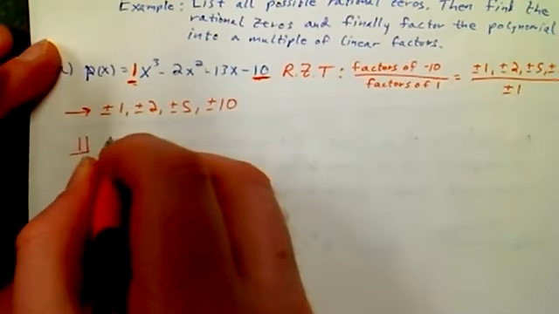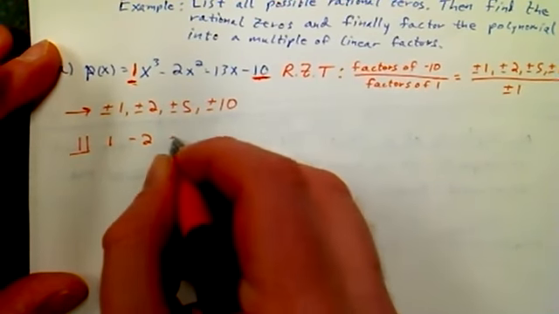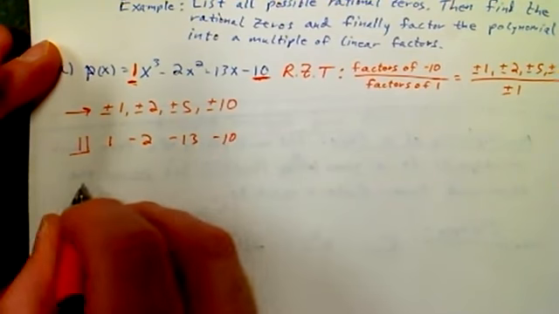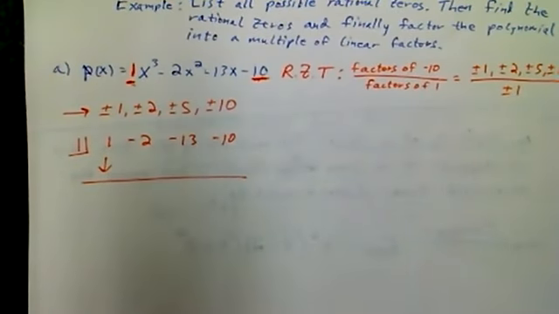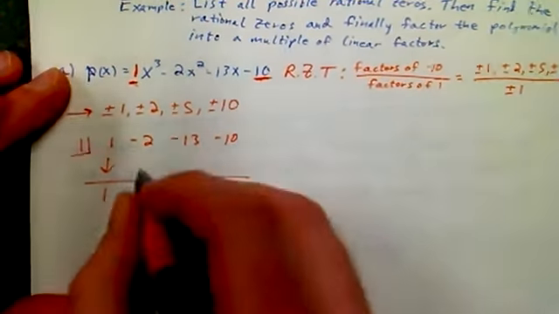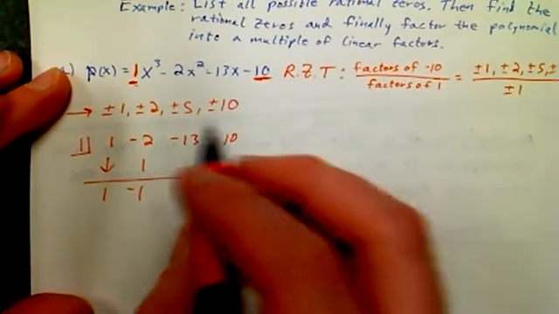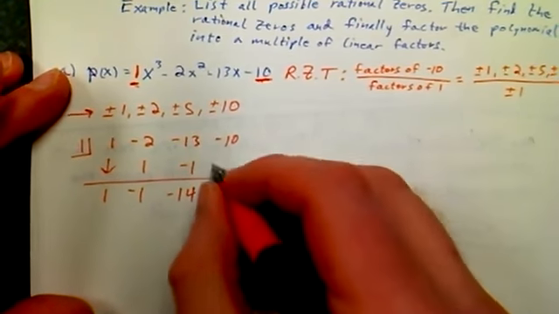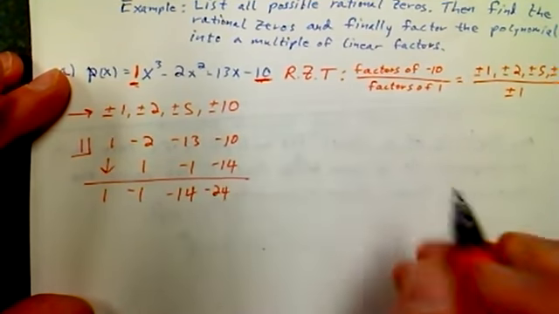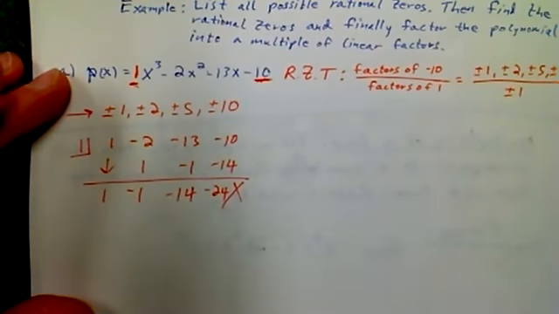And I'm just doing the synthetic division here. 1, -2, -13, -10. And I'm going to see if I get a remainder of 0, then I know 1 is a 0. If not, then I'm going to move on to the next number. So 1, 1, -1, -1, -14, -14, -24. That doesn't work.